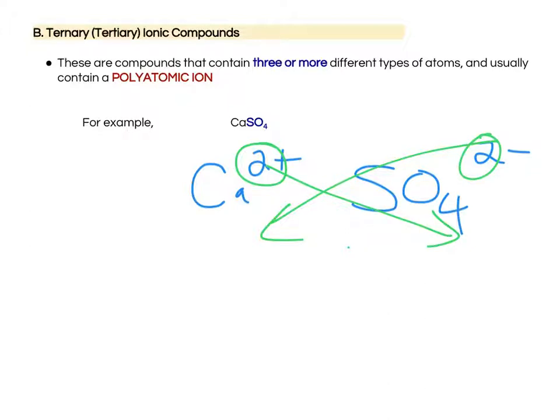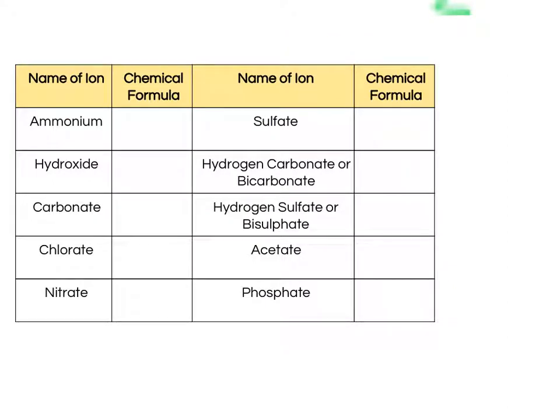Let's carry out some examples so that we can remind ourselves of the details we need to be concerned about when working with these. So hopefully you already have this table handy, but let's make sure that all of your formulas are correct. Ammonium has the formula NH4 with a +1 charge.